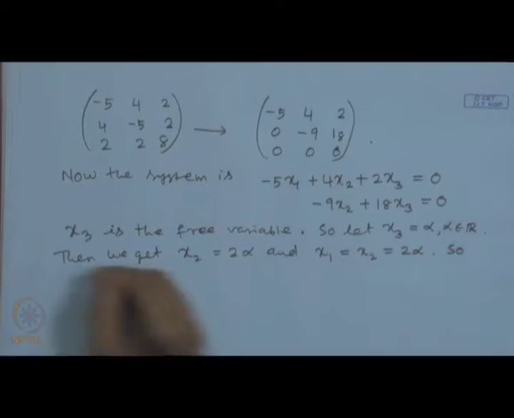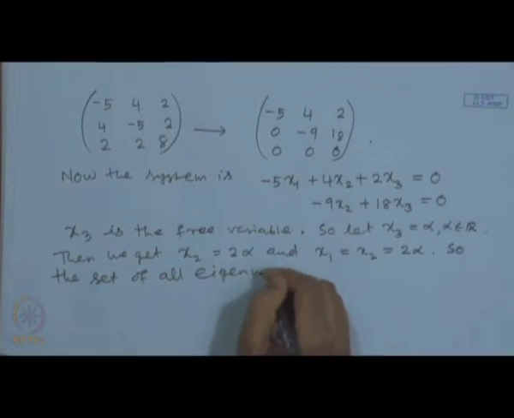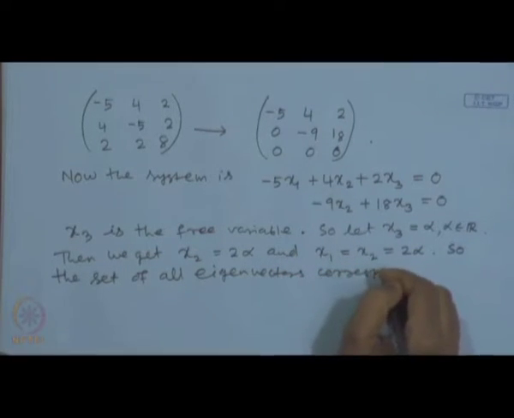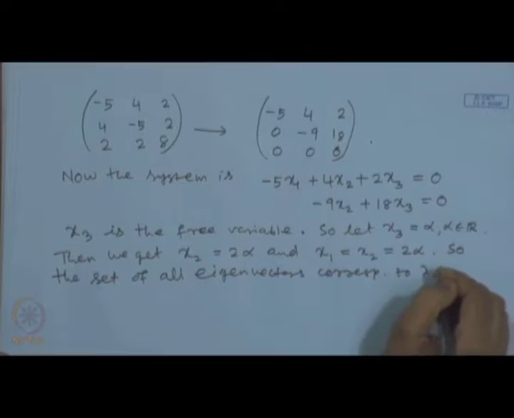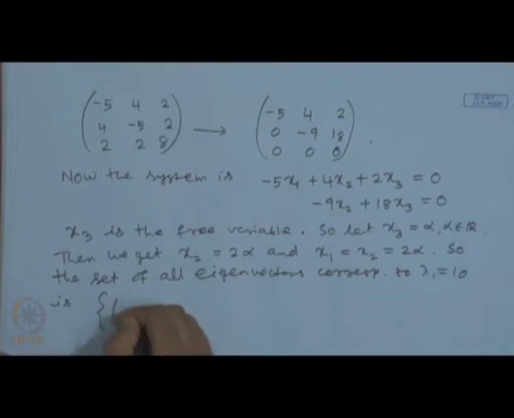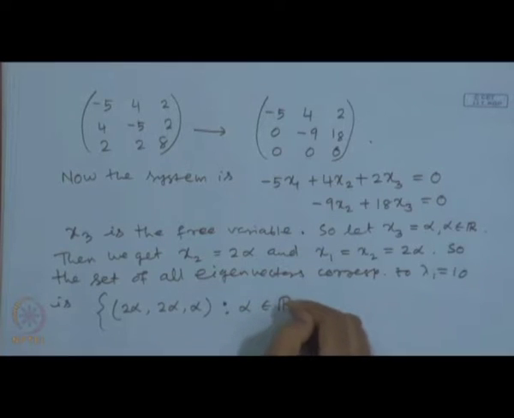So, the set of all eigenvectors corresponding to lambda 1 = 10 is this set, that consists of (2 alpha, 2 alpha, alpha), alpha belongs to R and alpha is not equal to 0.